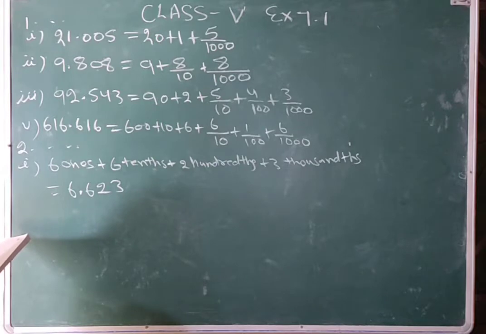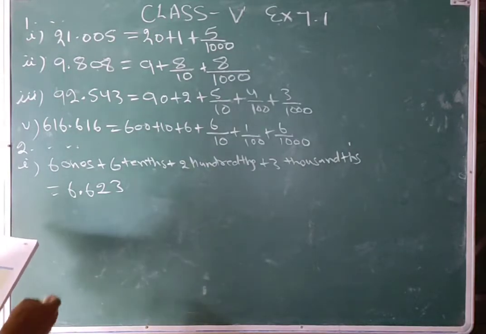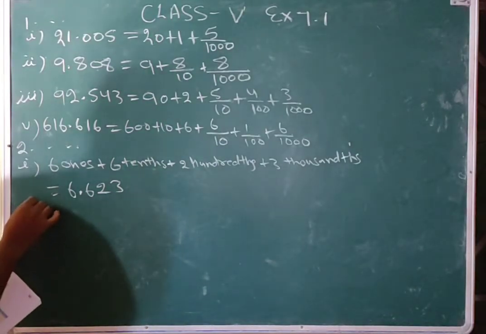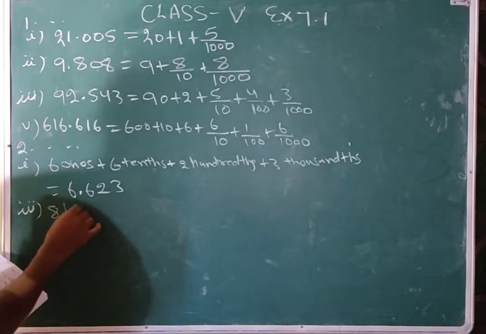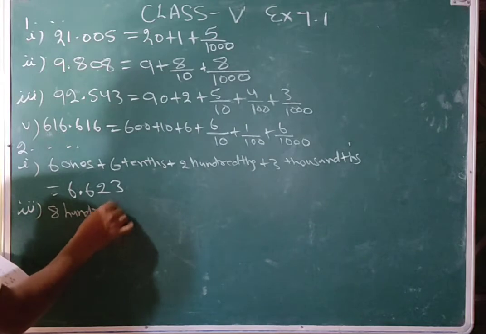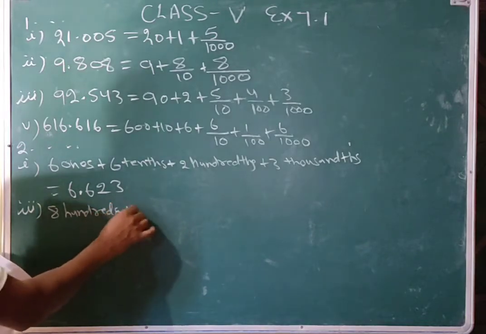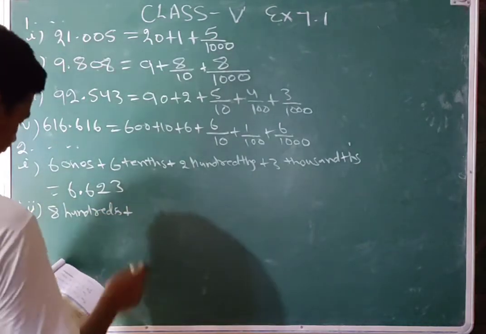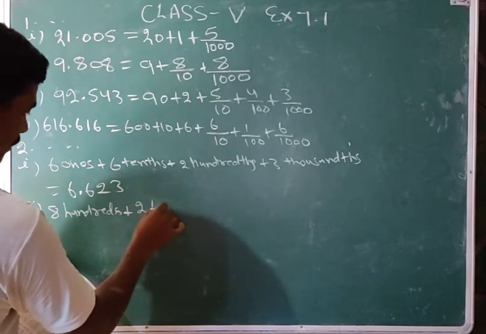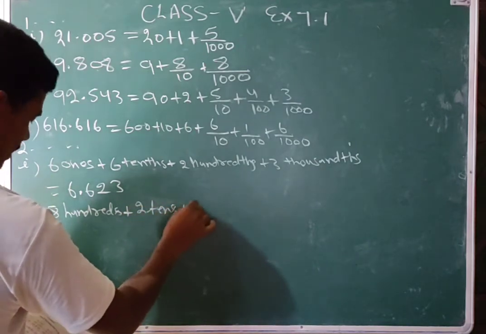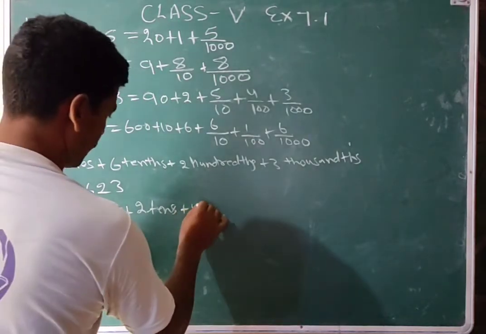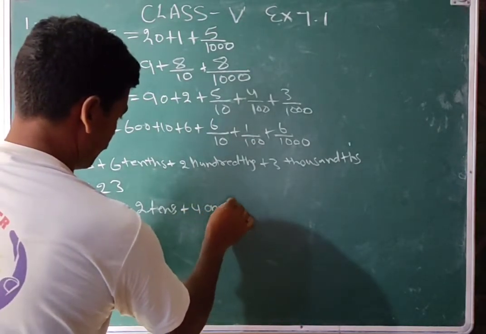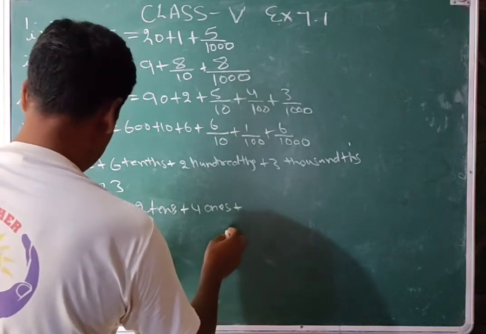Third part: 800 hundreds plus 2 tens plus 4 ones plus 8 thousandths.